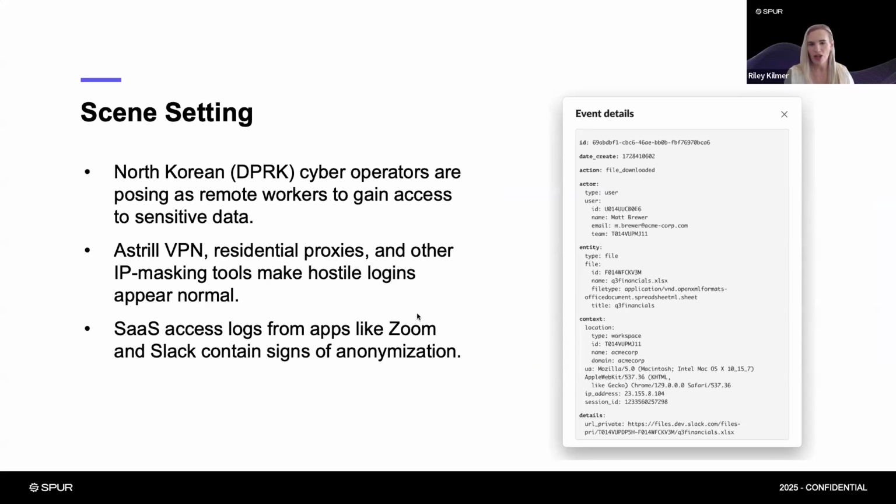It's one of the few mainstream VPN apps that tends to work over there. If you're a company that has a lot of presence in China, you're likely to see Astrill VPN unrelated to North Korea. But if you are a small US shop or you don't have that foreign connection, that Astrill VPN connection is going to be way more interesting to you.